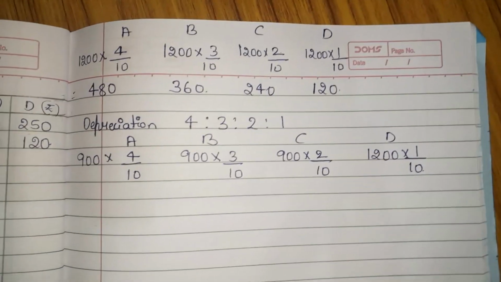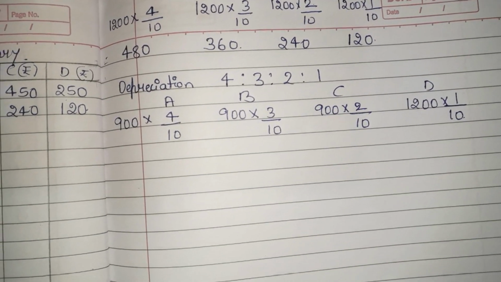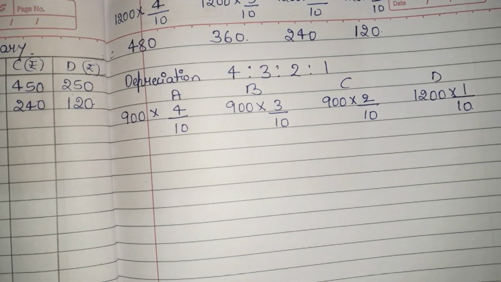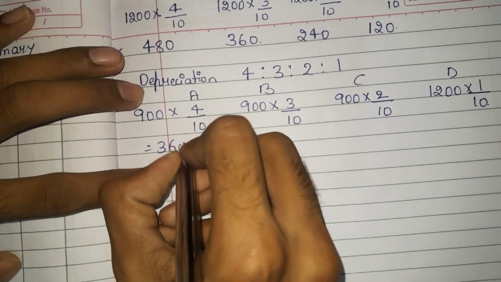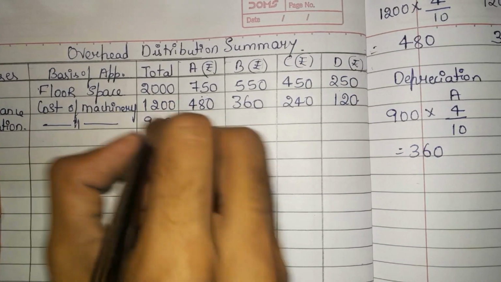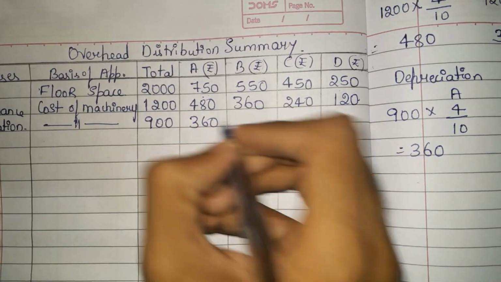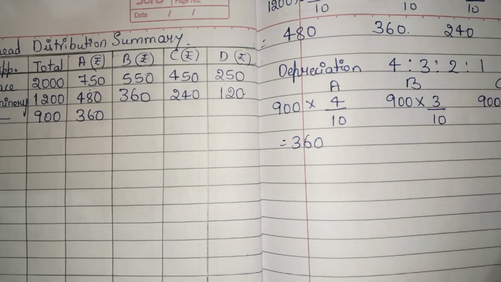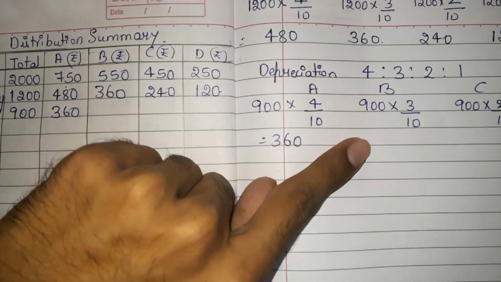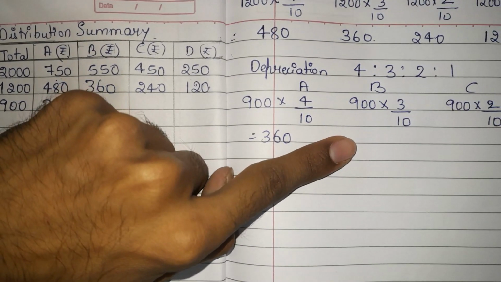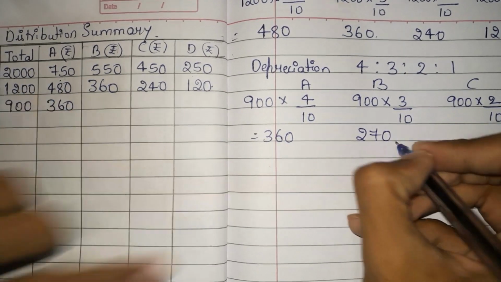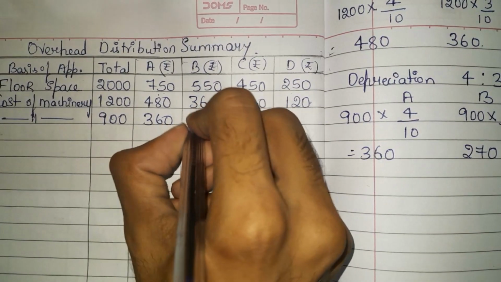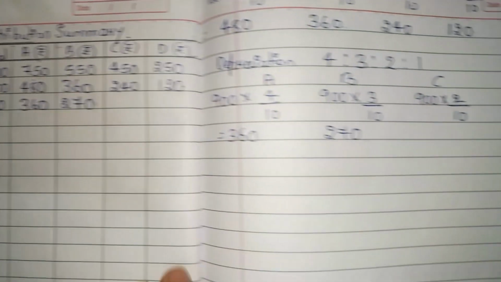Now 900 into 4 divided by 10. It will be 360 rupees. The same 360 rupees we need to write it here. Next is for B department, it is 900 into 3 divided by 10. It will be 270 rupees. That same 270 rupees we will write it over here.